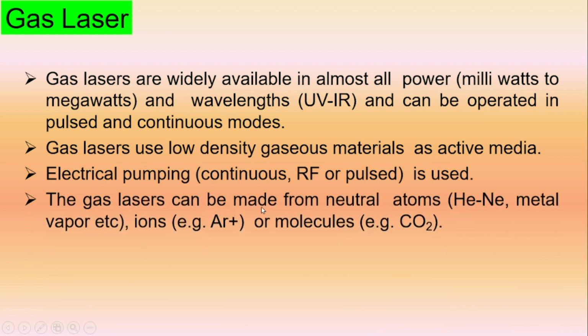Gas lasers can be made from neutral atoms like helium, neon, metal vapor, etc., ions such as argon, and molecules such as carbon dioxide. Now let us see helium neon laser.